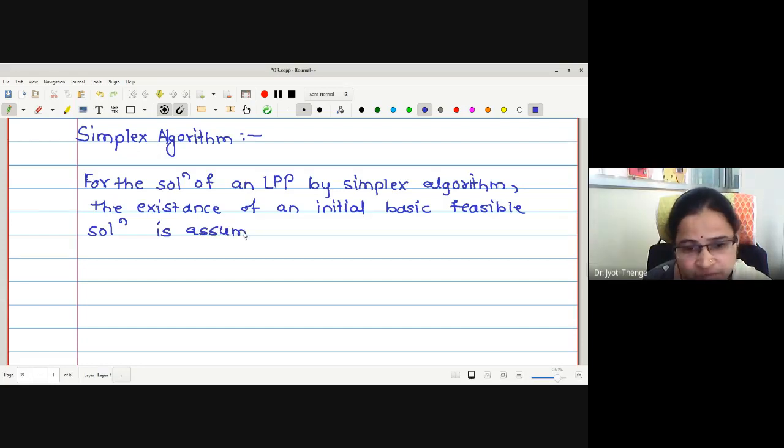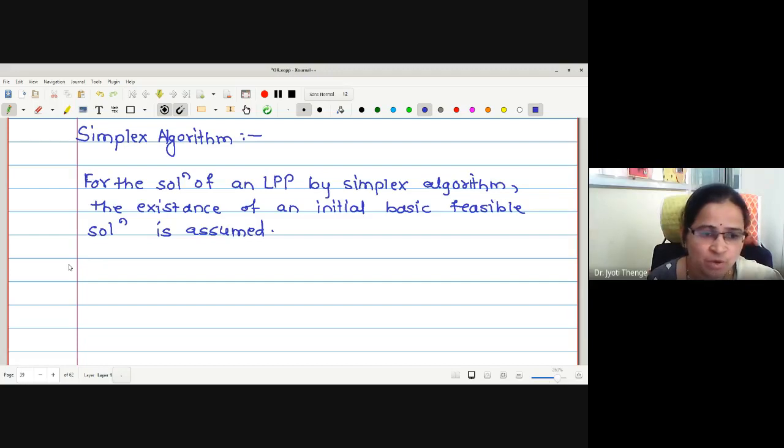Assumed means we always assume that an initial basic feasible solution exists, and with the iterative procedure we are going to give the optimal basic feasible solution.